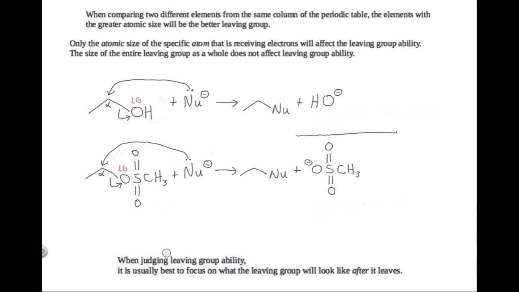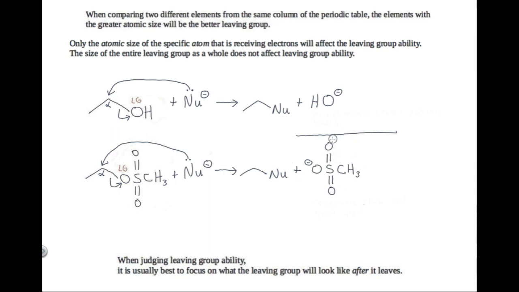When judging leaving group ability, it's usually best to focus on what the leaving group will look like after it leaves. After they leave, these leaving groups will have gained a negative formal charge. So whichever group is better able to stabilize the negative charge after it leaves will find it easier to leave in the first place. Well, the sulfonate will have the more stable negative charge, but it's not because the group is larger.